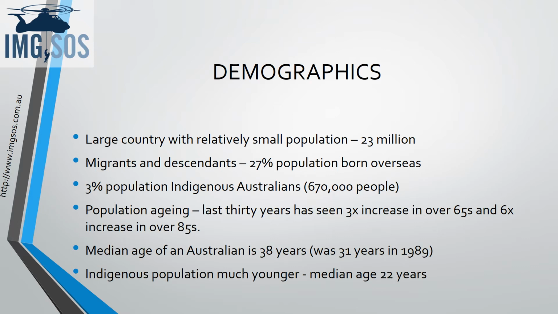Now, there's a few reasons for that. Part of it is increased fertility in young Indigenous people, but sadly, the major reason for that age discrepancy is because of the mortality gap. The age of death of Indigenous Australians is significantly lower, and the life expectancy and health outcomes for Indigenous Australians are significantly lower. And we'll talk about that a little bit later on.